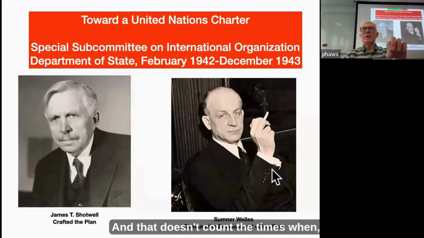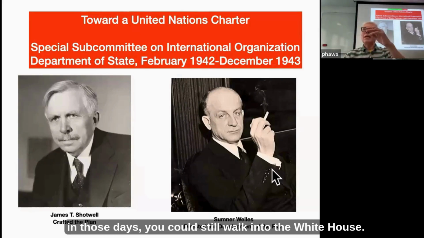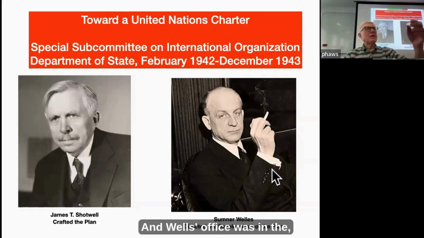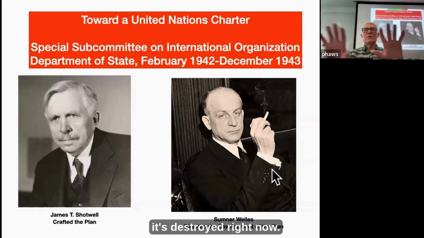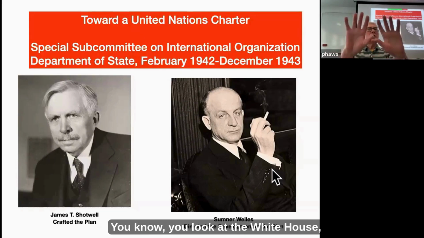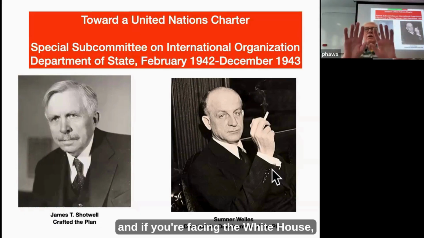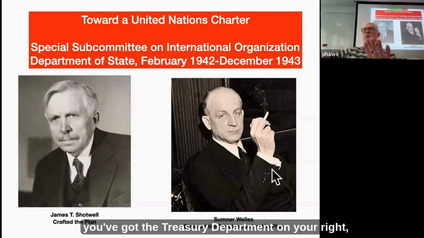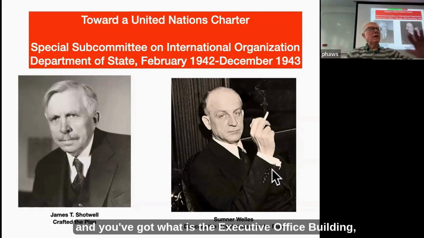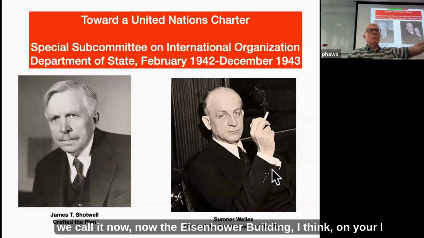And that doesn't count the times when, in those days, you could still walk into the White House. And Welles's office was, if you remember what Washington looks like before it's destroyed right now, you look at the White House, and if you're facing the White House with the Washington Monument behind you, you've got the Treasury Department on your right, and you've got the Executive Office Building, we call it now the Eisenhower Building, I think, on your left.